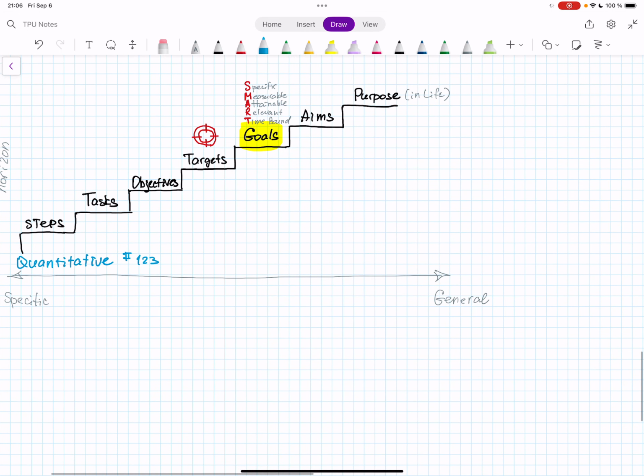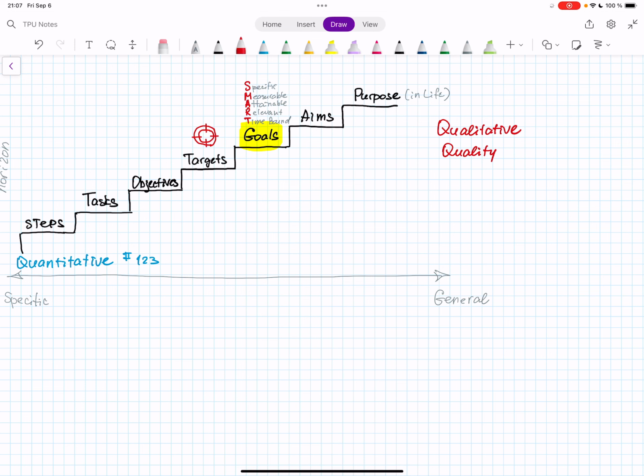The more you go to the aims and purposes, the more they become not quantitative, but qualitative. Qualitative comes from the word quality.